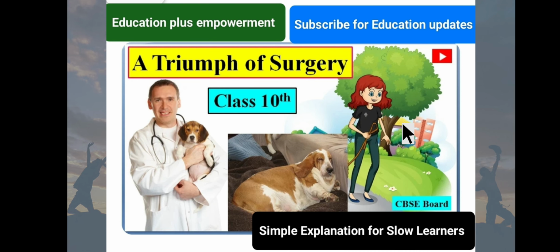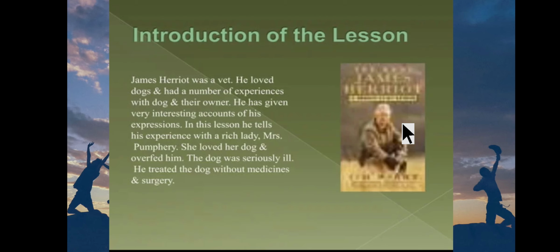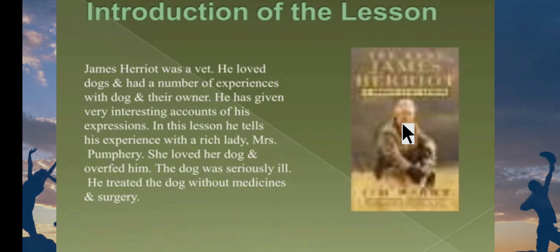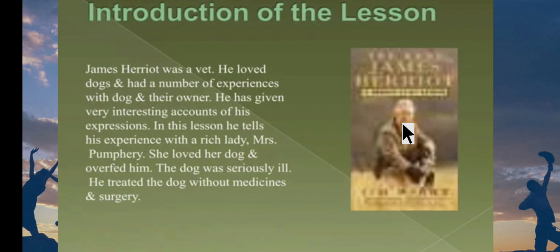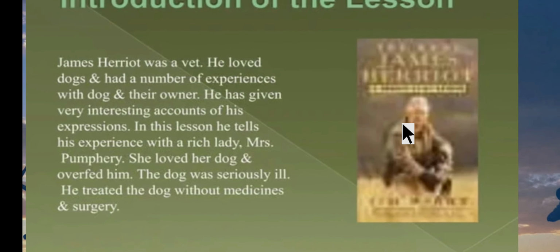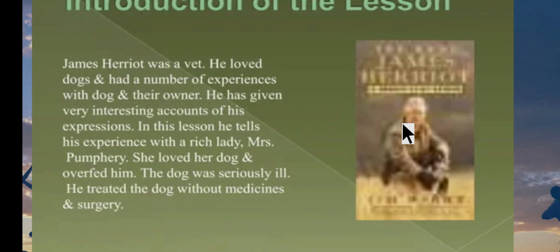So let's get started with the introduction of the lesson. Dear students, can you see the image here? James Herriot is a simple writer, especially on animal husbandry, and a dog lover. He loved dogs and had a number of experiences with dogs and their owners. He has given very interesting accounts of his experiences in the lesson.